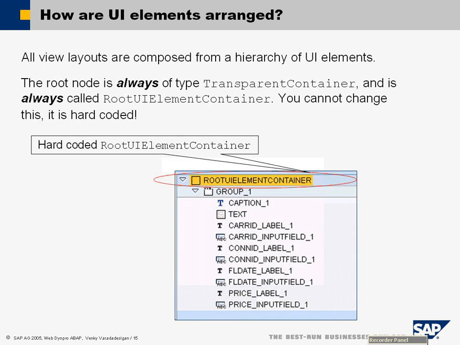Those are the UI elements. So how are the UI elements arranged? In the layout, you can see the visual representation of the UI elements, whereas in the actual context, they are organized in the form of a hierarchical tree structure. There is only one base node, and the name of the base node is root UI element container. You cannot change it. It's a fixed name.